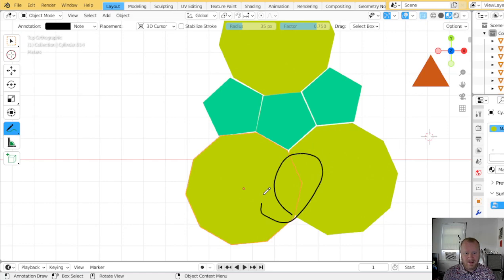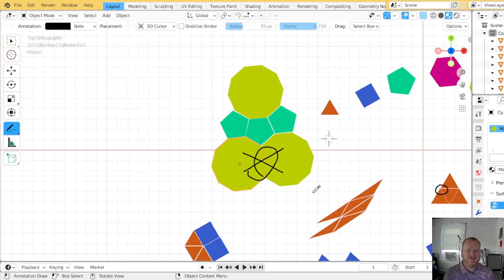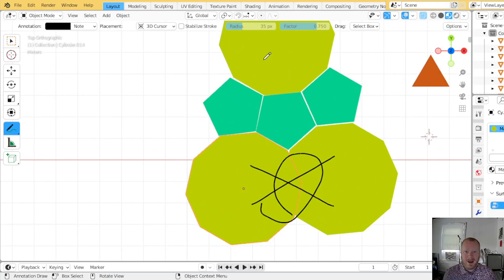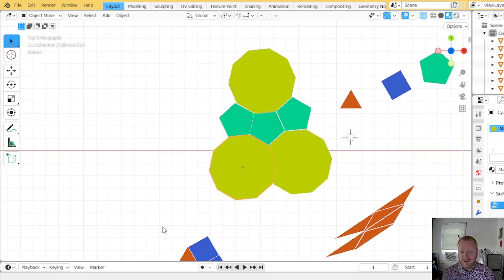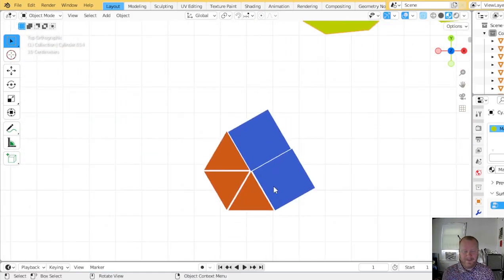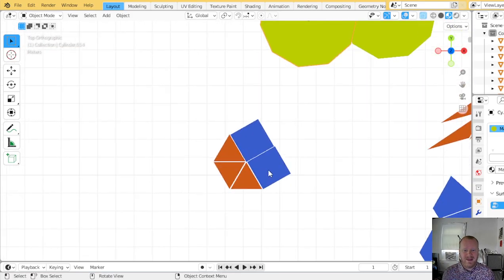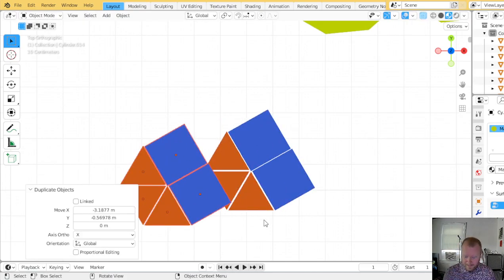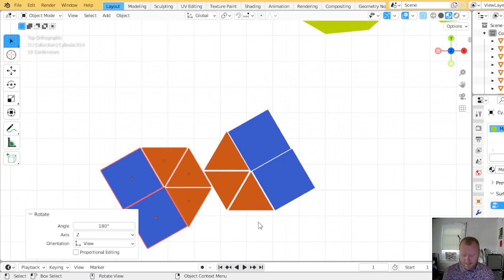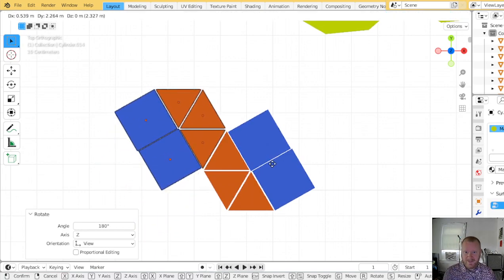So the fact that I've got this overlap here means that even though I've added up to 360 degrees, this is not a semi-regular tiling. If I try the same setup over here, I'll show you what that looks like when you try to extend this pattern.